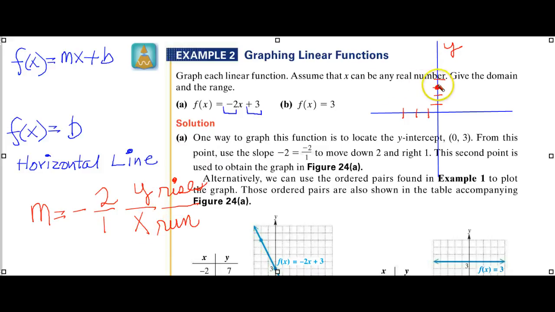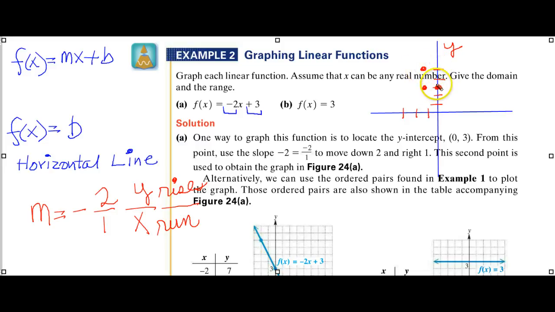So from this point of intercept, where it crosses the y-axis, we're going to have, and I like to do it this way, there are other ways to do it, but if it's negative, I'm going to do my x value first, which is a 1. I'm going to go over 1 and then I'm going to go up 2, 1, 2.